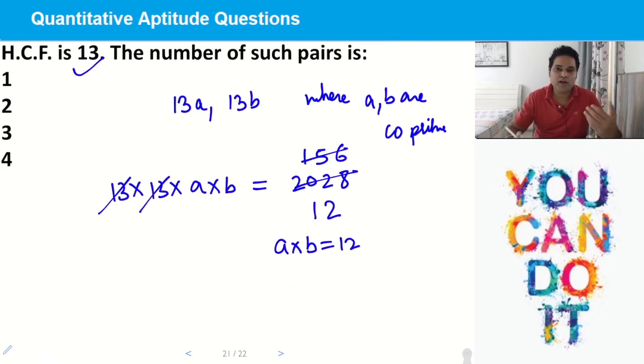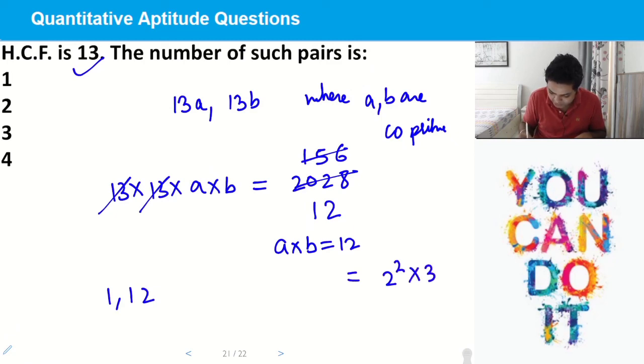Now a and b are co-prime. So how many pairs can we make? The first pair can be 1 and 12. Now 12 is what? 12 is 2 square into 3. The second pair can be 2 square, or 4, comma 3.